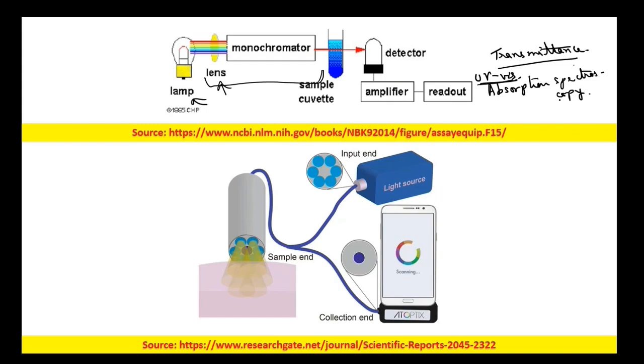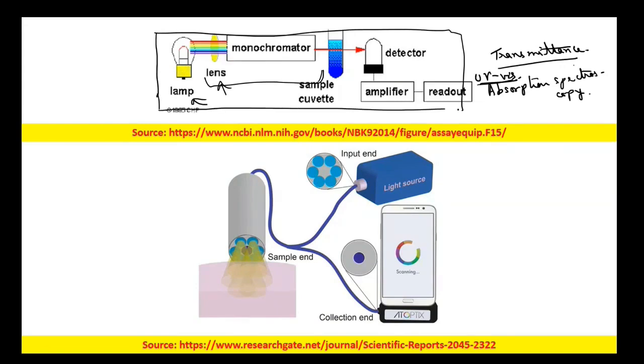If we use another type of radiation source, for example IR, then it will be an IR absorption spectrophotometer. But the general arrangement of the absorption spectrophotometer will be like this one.